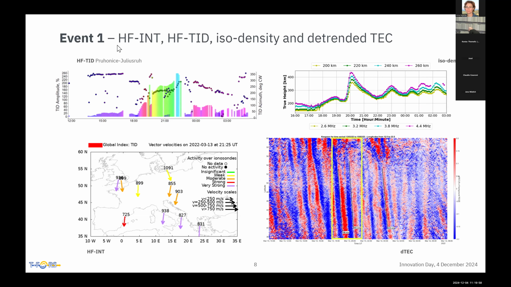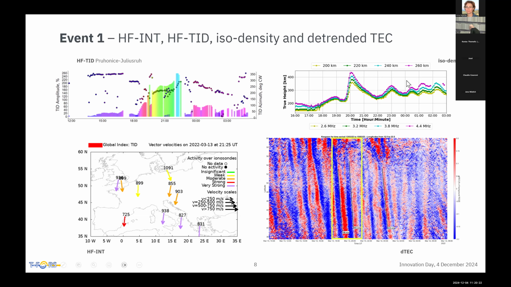Okay, so as you can see here, around 9 p.m., you have this quite visible TID activity that are in the catalog here. This is an example of the results of the HF interferometry. The colleagues in Ebro looked at to say, okay, yes or no for the TID on the catalog.